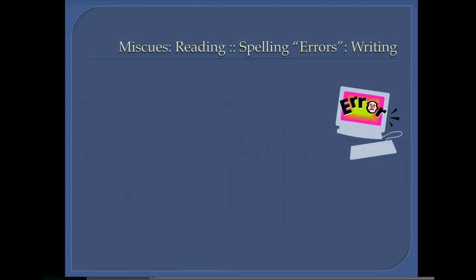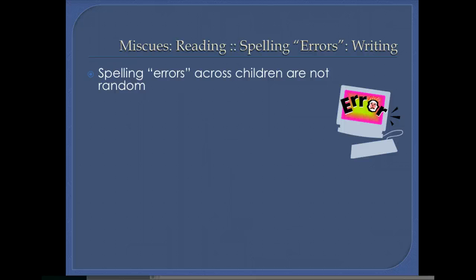All right, so going to miscues, reading, spelling, errors, and writing. Spelling errors across children are not random. If you look at some of your students' spelling tests, you will notice that there are some errors being made. And it's not because they didn't study their spelling words, but oftentimes there is confusion with phonics knowledge.